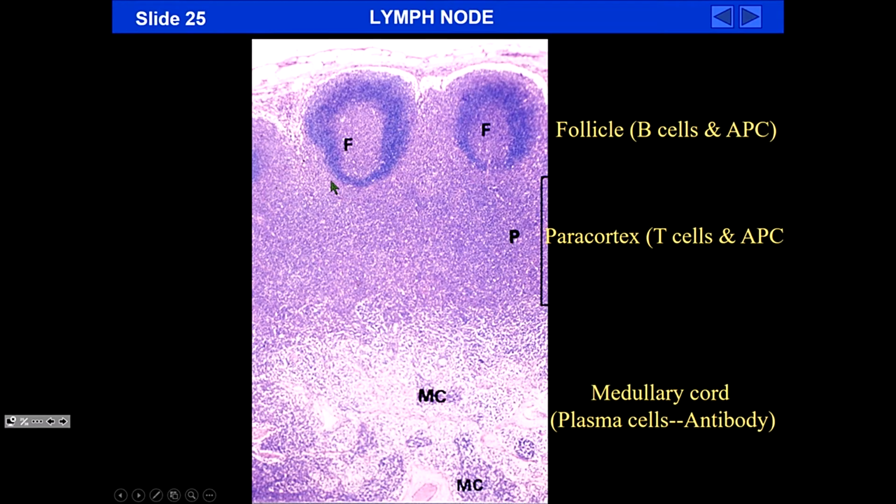Okay, here it is again. The cortex, follicles or nodules in the cortex, mostly B cells. In the paracortex, mostly T cells. Any questions?